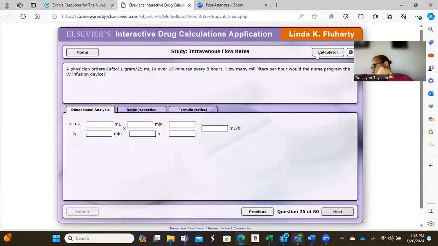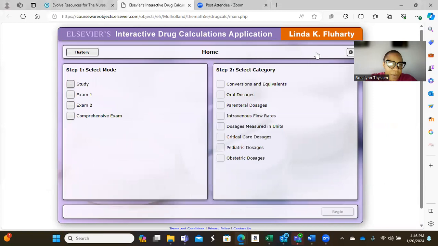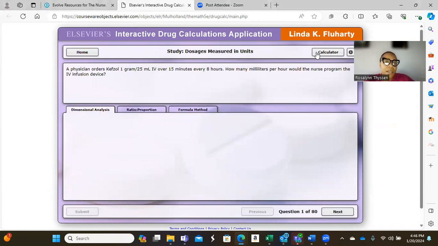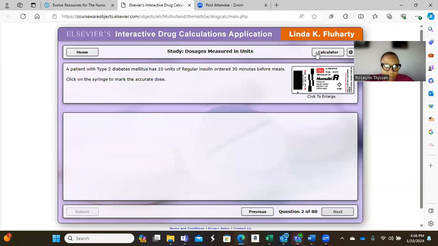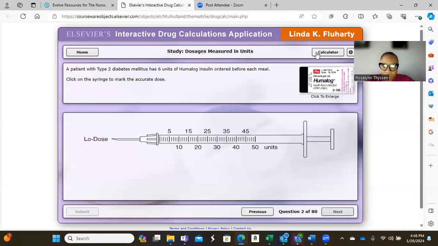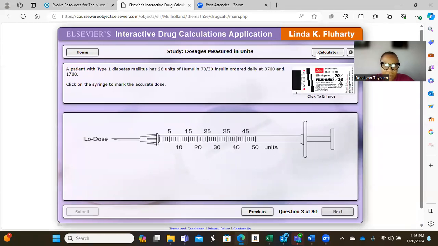All right. So let's go to, let's see. Dosage is measured in units. Again, same basic steps. This is basically marking the syringe. Pretty sure y'all know how to do that.